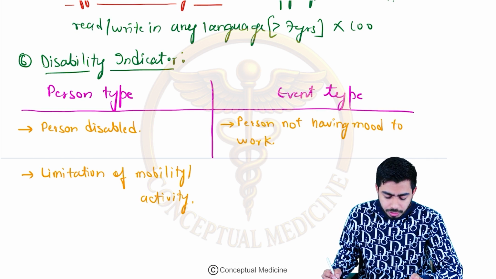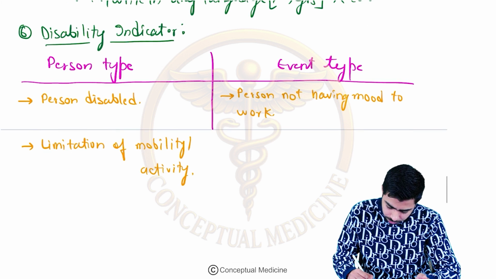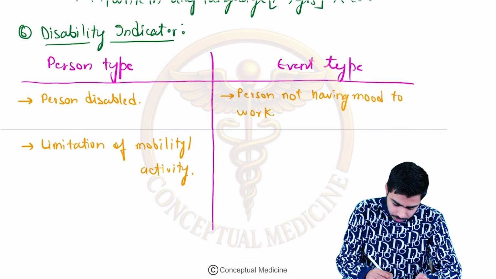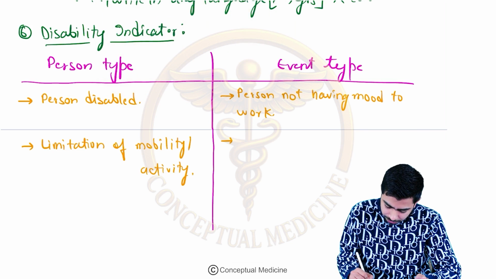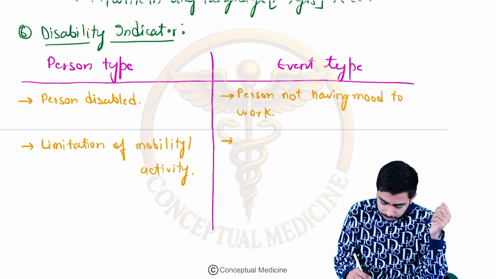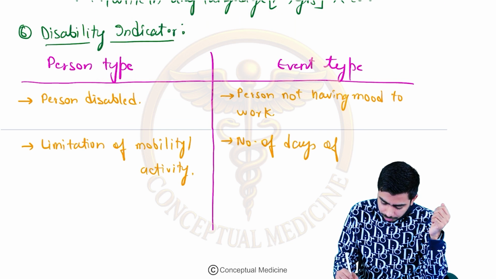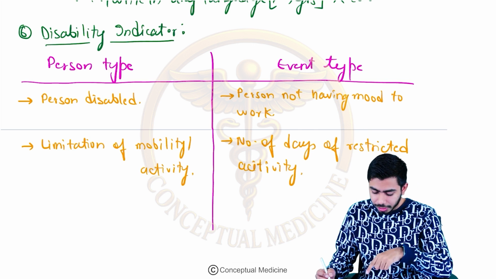In the event type, further if I extend this line, you can say that the number of days of restricted activity. So we are talking about number of days of restricted activity. Why is it so? Because the person is having which kind of disability?